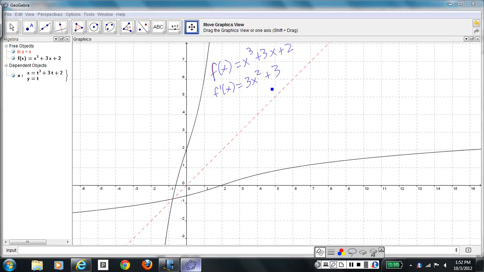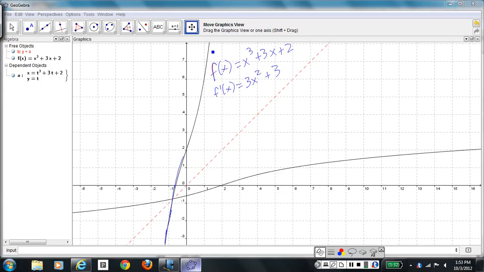If either one of those happens, it's guaranteed to be a one-to-one function and thus would have an inverse. This one, 3x squared plus 3, is always positive. Right? So this one, it looks pretty steep, but we've basically shown that this one right here is increasing on its entire domain.